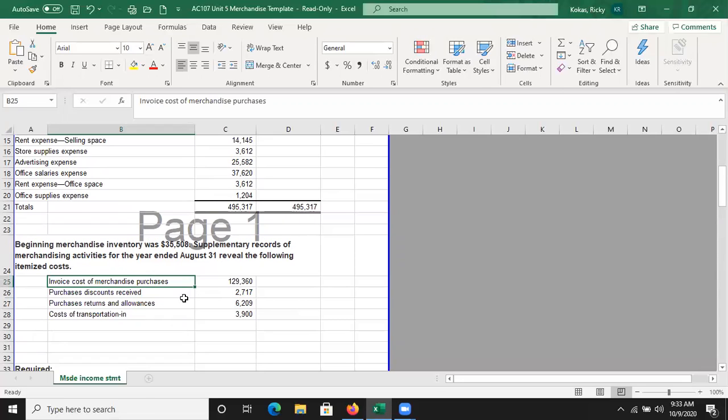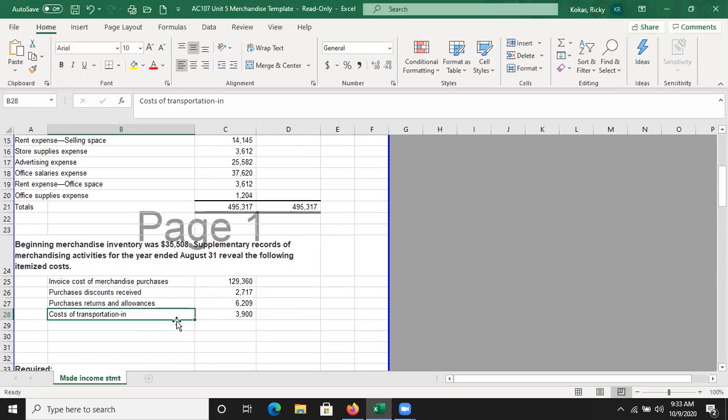We start with invoice cost of merchandise purchased, but then we subtract our purchase discounts and our purchase returns and allowances. But there's one final step, cost of transportation in. Transportation in is when we have to pay for the merchandise to ship to us.